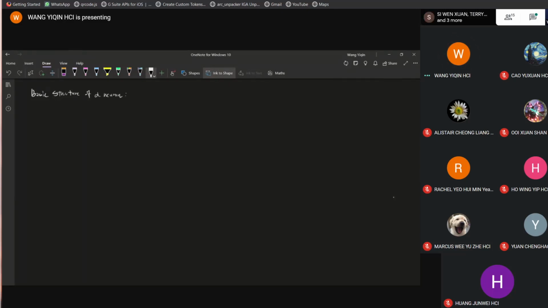So for a neuron in a neural network, essentially it's going to take some inputs. Let's say our input is x, and in this case we're dealing with a three-dimensional input. So we can split this x into x1, x2, x3, right?